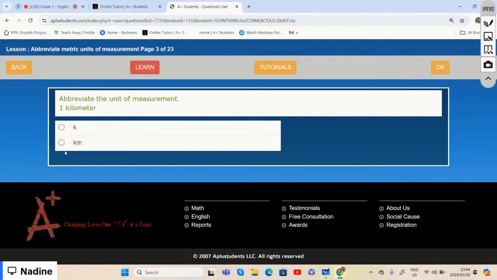1 kilometer till we get to school. 1 kilometer until we get to the park. Kilometer, option 1 or option 2.